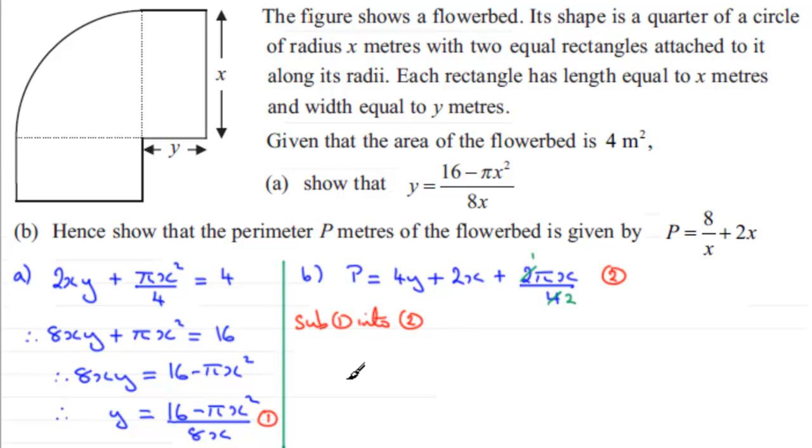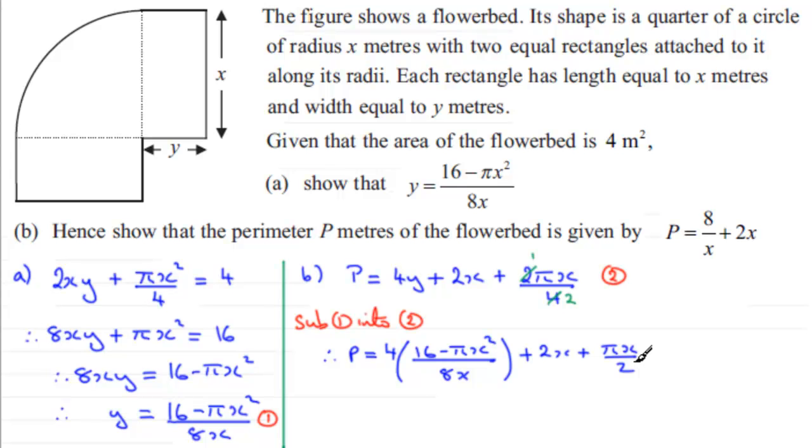So if we do that, we therefore have that the perimeter p equals 4 multiplied by y, so we'll just mark that in as 16 minus pi x squared, all divided by 8x, and then to this we add 2x, and to this again we add pi x over 2.